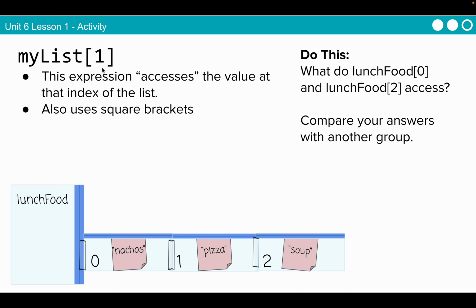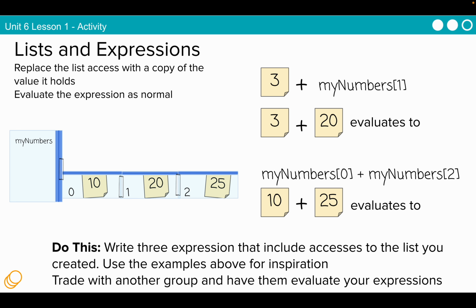Whenever I see this, the number in the brackets indicates the index position, not the position in line. Like this would be the first position, this the second, this the third. No, this is index 1, which is going to be this one. So what do lunch food 0 and lunch food 2 access? Go ahead and write that answer in your journal and add that to your Google Doc.